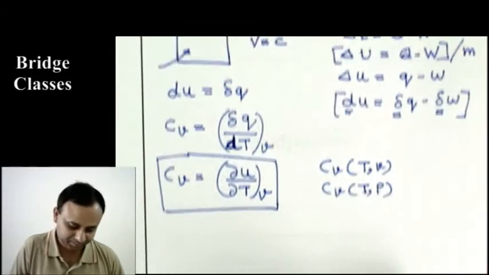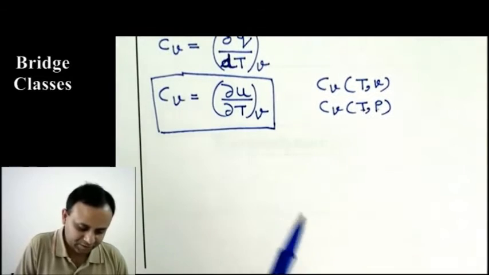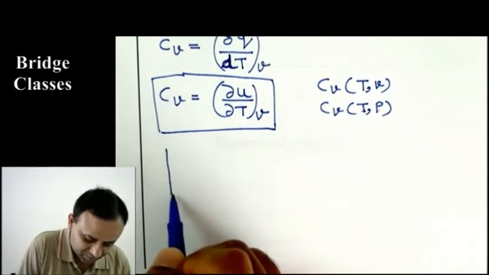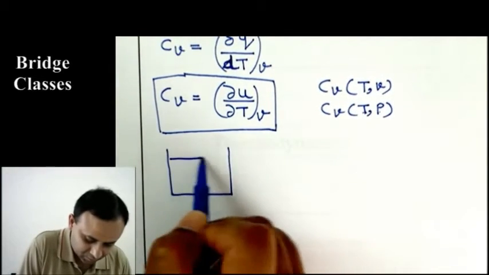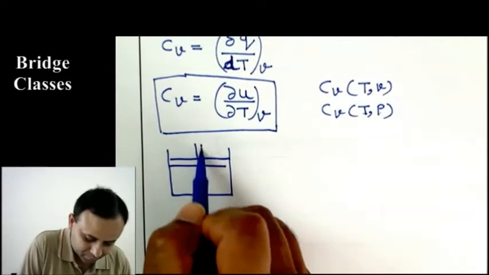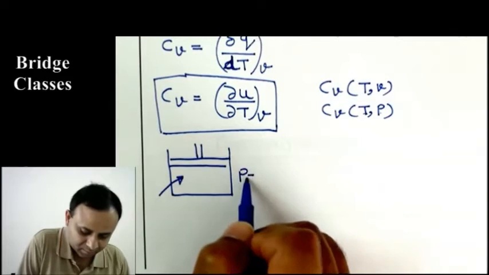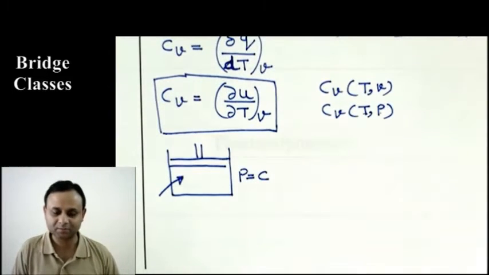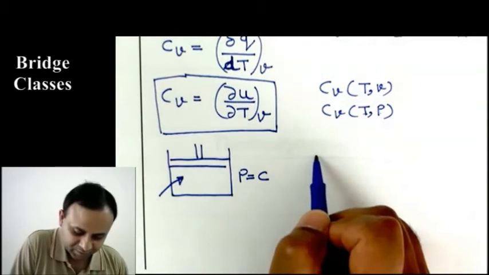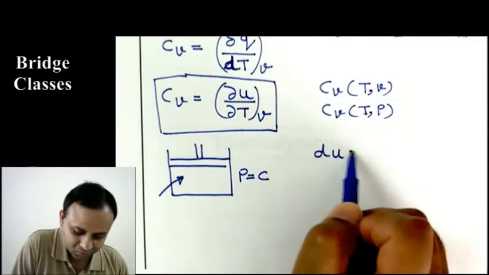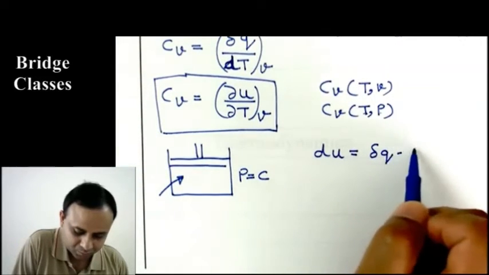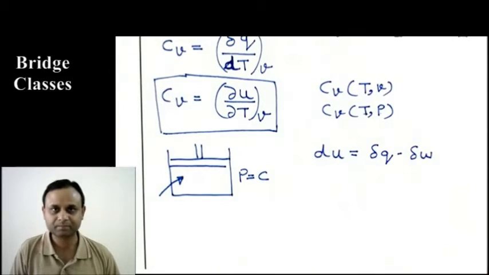Now instead of a constant volume process, if the process is constant pressure, think of heating in a piston cylinder device. There is heat addition and it's a constant pressure process. Then again, beginning from the first law, that is du equals delta q minus delta w.